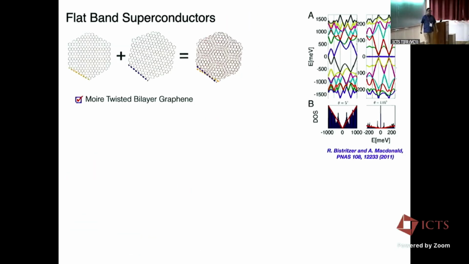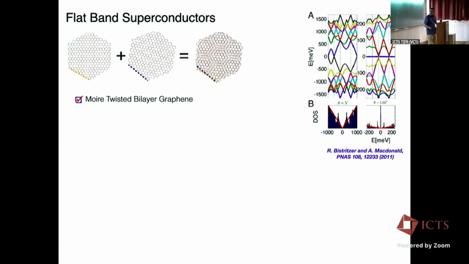So Senthil had already talked, and many others have talked about twisted bilayer graphene or Moiré systems. The basic idea is you take a 2D sheet of material, you take another 2D sheet of material, maybe the same, maybe slightly different, and then you twist slightly the crystal axis of one with respect to the other as you press them down.